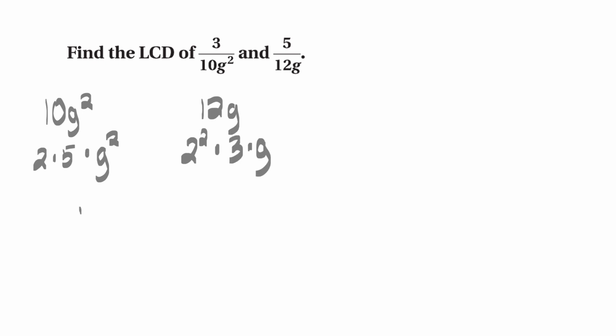So to find our least common denominator, we need to look at each of the multiples. Not just the multiples that they have in common, but every single multiple. So they each have a 2, and we need to take the 2 that has the higher power.